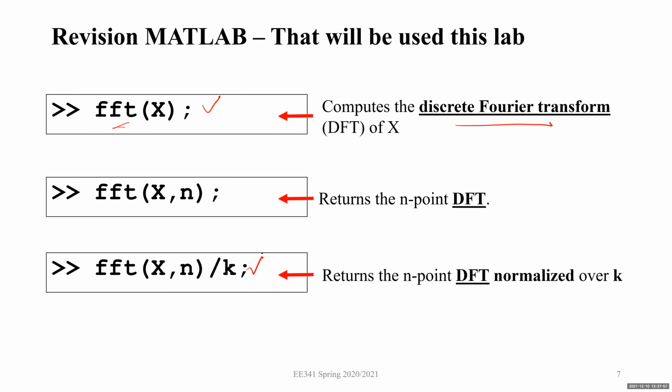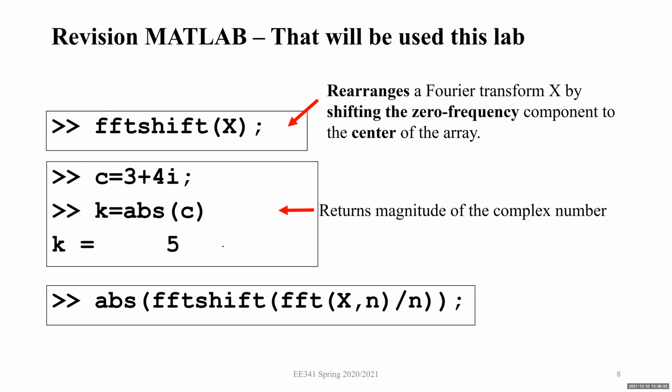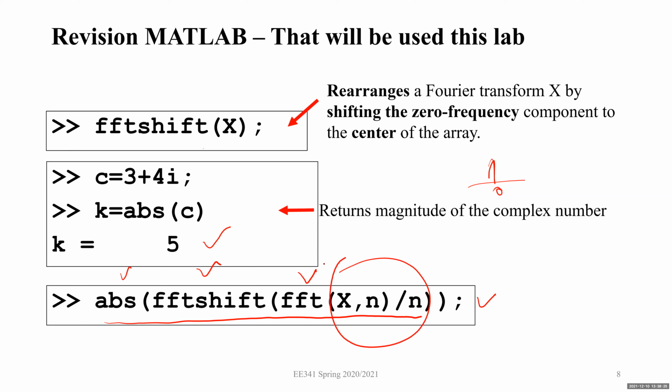Then I have to normalize it with the total length. Then fftshift will shift the zero frequency component exactly to the center, and this is the absolute value. We already studied that we can combine all three commands: abs, fftshift, and fft of this signal.